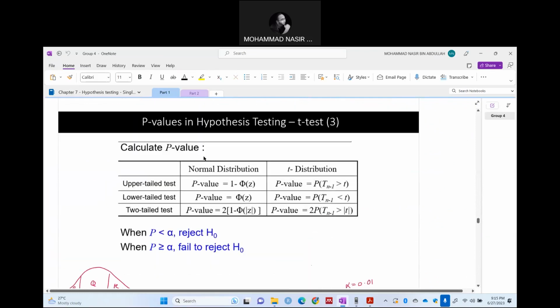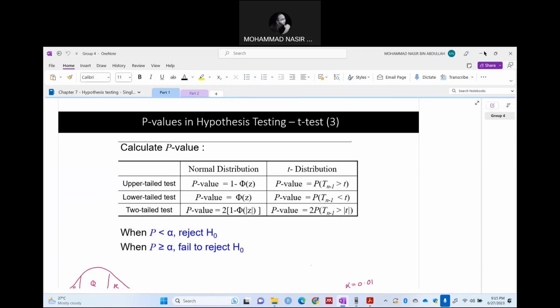And this is calculating p-value for T distribution. So for T distribution and Z distribution, it's slightly different, right? Even though the formula are the same, but we don't have a specific value for specific p-value for t distribution, right?